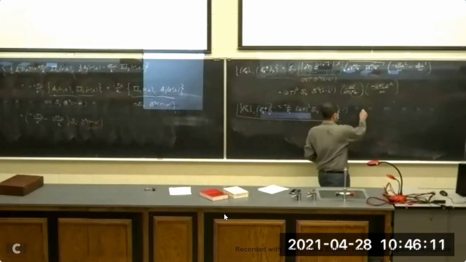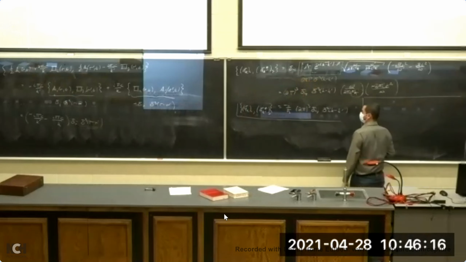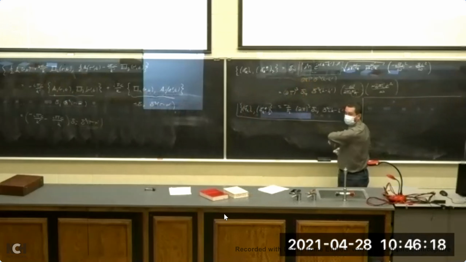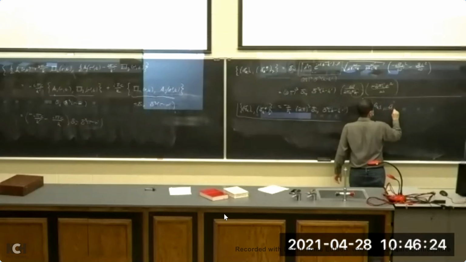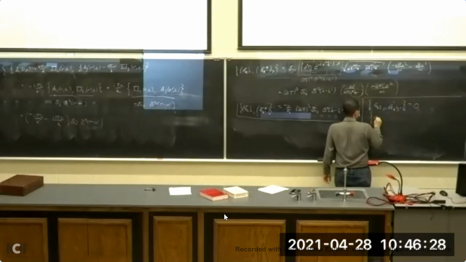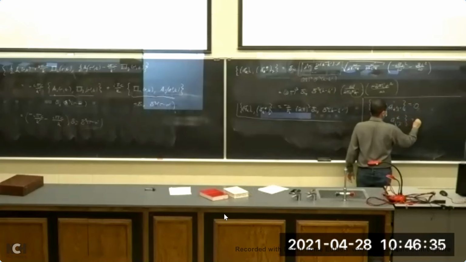So what this gives me is exactly the algebra that we want for the creation and annihilation operators. If I translate this i and j components into lambda and lambda prime, then this tells me that the Poisson bracket of a_k lambda with a_k prime lambda prime is 0. Poisson bracket of a star k lambda with a star k prime lambda prime is also 0.